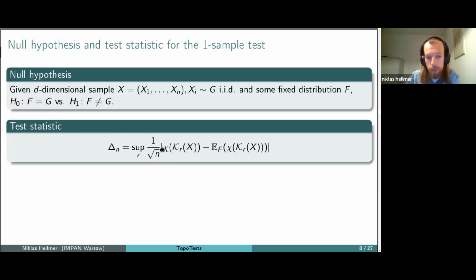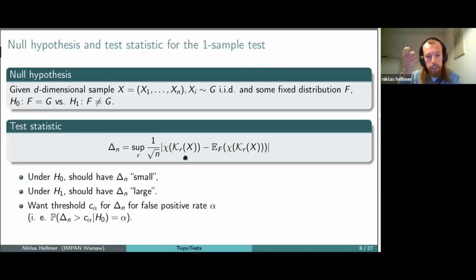We have a supremum distance between the Euler characteristic curve of our sample and the expected Euler characteristic curve we would get under the null hypothesis. And we have to normalize this by square root of n to leverage this theory from the previous slide about Gaussian processes.